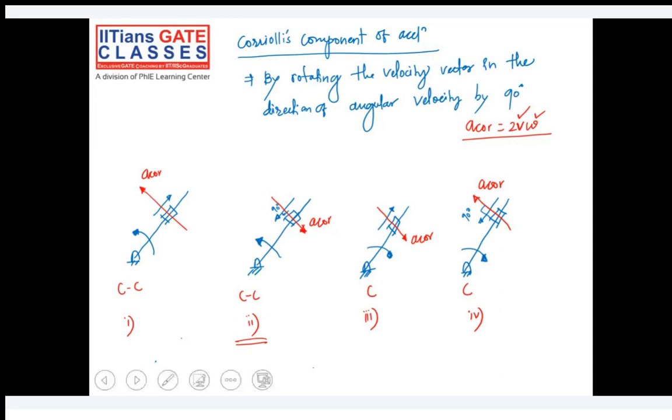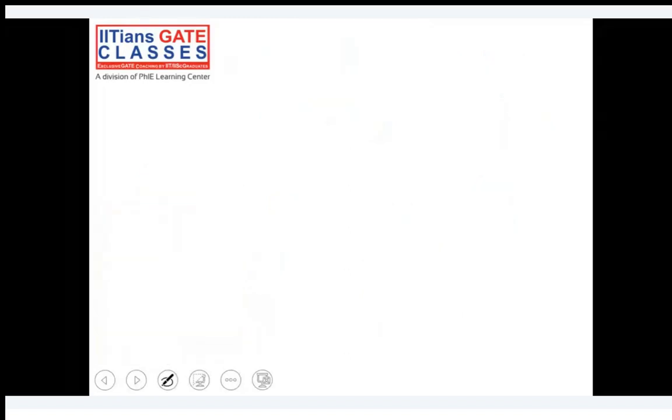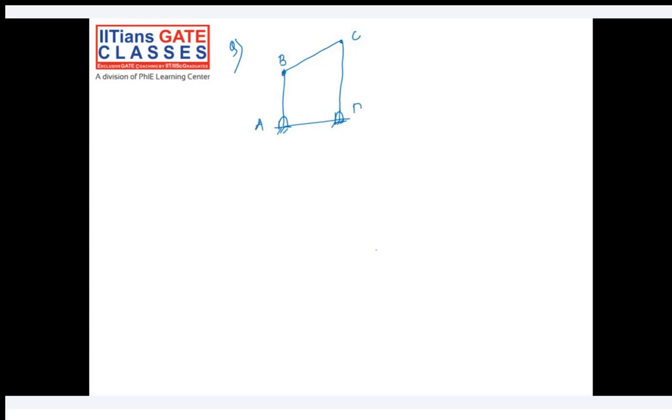Okay. So I would like to ask a few questions just to make sure your understanding is clear. Suppose this is a linkage or a mechanism I give you. Suppose these are joints A, B, C, and D. So we have links AB, BC, CD, and AD.